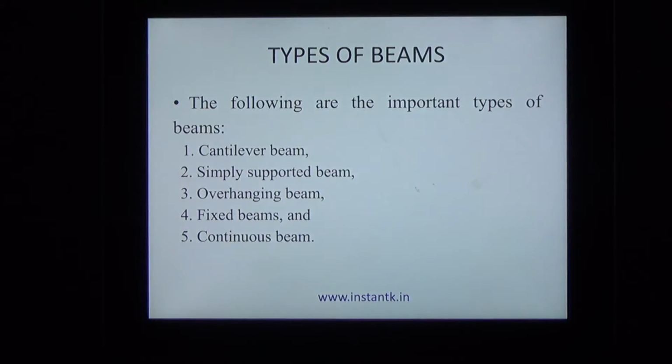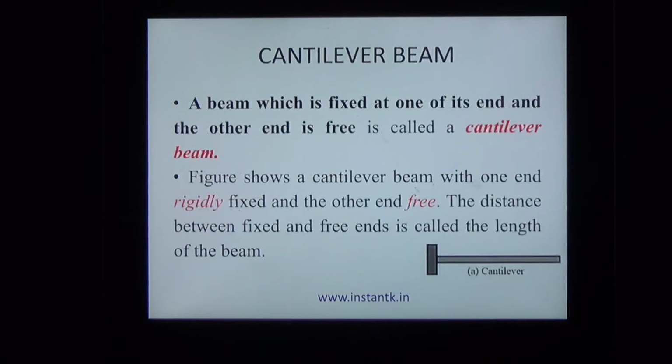Next important question is: explain with a neat sketch the types of beams. It can be asked for 6 marks or 8 marks depending on the problem given. The following are the important types of beams: one is cantilever beam, second simply supported beam, third overhanging beam, fourth fixed beam, fifth continuous beam.